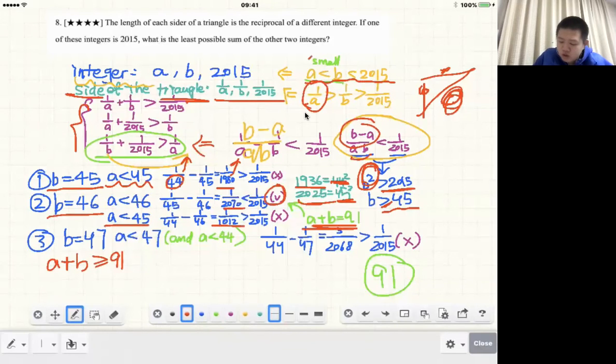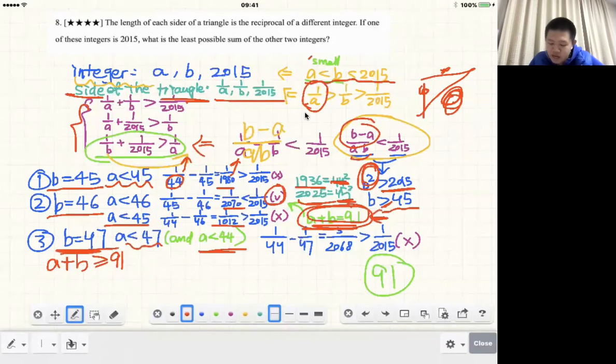So for now you know that the smallest sum of a plus b is 91. Then you consider b being 47 and a smaller than 47. As we have limited a plus b to 91 already, you limit a to be smaller than 44 so that the sum is still smaller than 91.